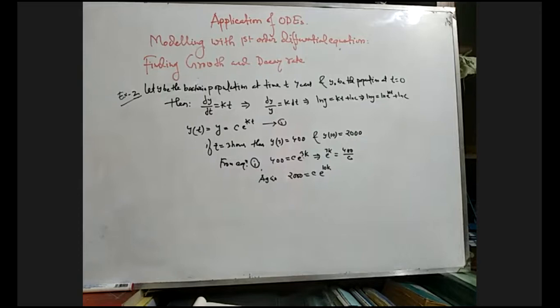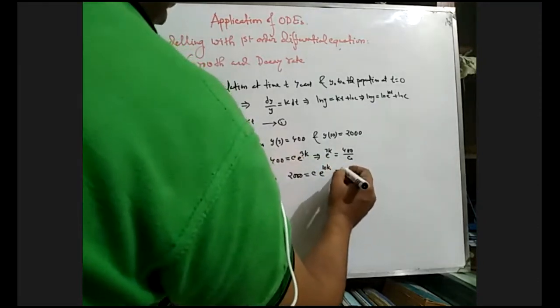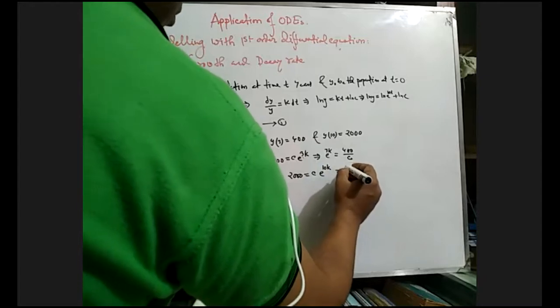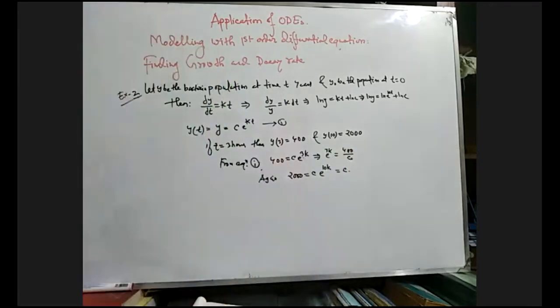This can be written as c into e to the power 10k.